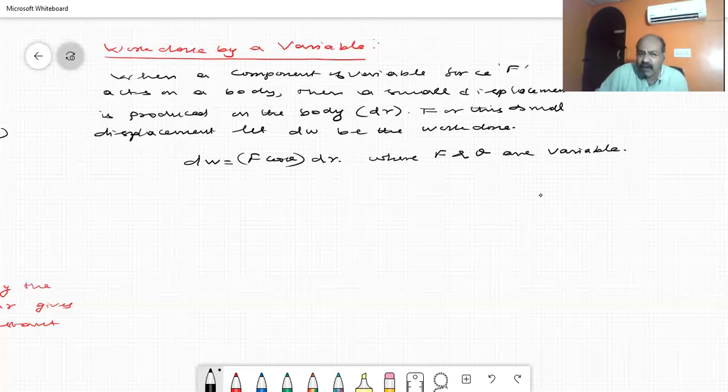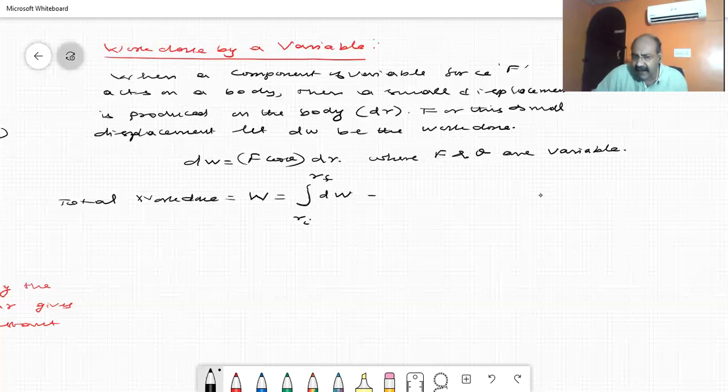So what is the total work done then? The total work done W is equal to the integral of dW from one position to another, Ri to Rf.